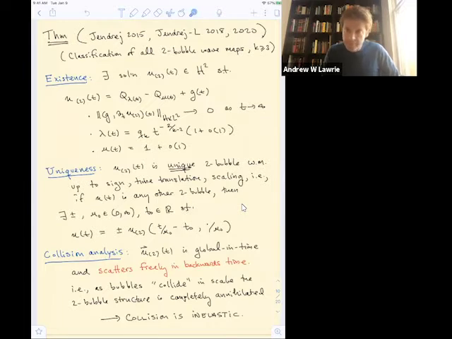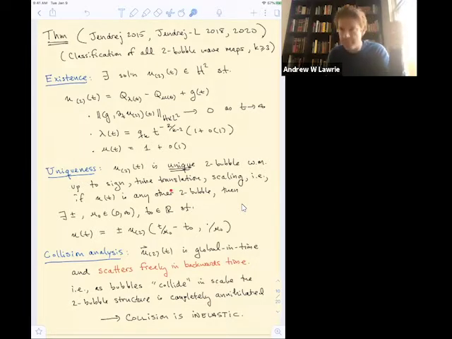Moreover, we have a uniqueness result. This is in fact the only two-bubble configuration. So U sub 2 is the unique two-bubble wave map, of course up to the symmetries of the equation. Up to sign, I'll call this solution a bubble anti-bubble. You can have an anti-bubble bubble as well; this is just changing the sign in front of the solution. The equation is also time translation invariant and scaling invariant.